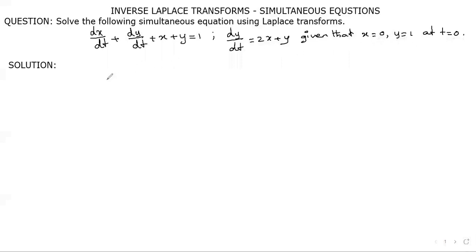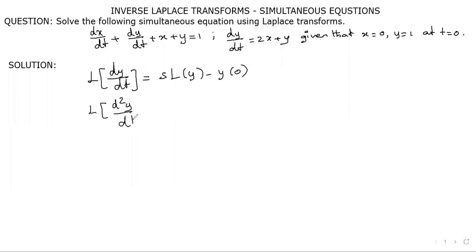Before going to the solution, you have to know the Laplace transforms of derivatives. If you apply Laplace to the derivative dy by dt, the formula will be s L of y minus y of 0. Similarly, the second derivative d square y over dt square equals s square L of y minus s y of 0 minus y dash of 0.